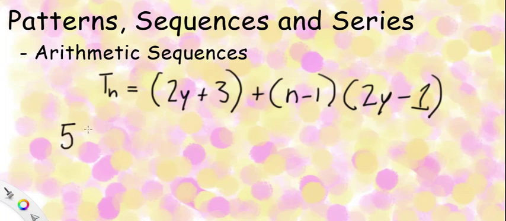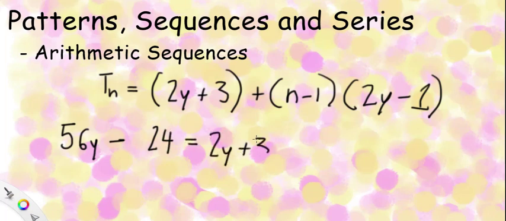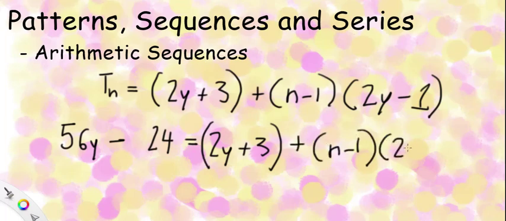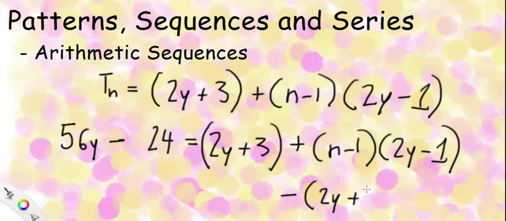56y minus 24 is equal to 2y plus 3 brackets, guys, I insist on the brackets, plus n minus 1 times 2y minus 1. Okay, again we're going to subtract 2y plus 3 on both sides of the equation.